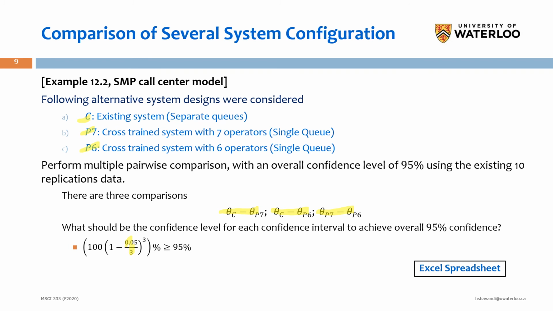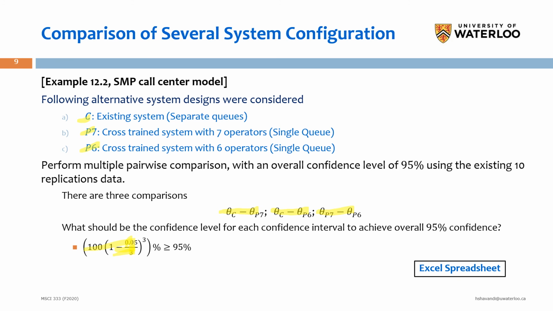And as you see here, since the confidence level for each comparison is this, and since they are somehow independent comparisons, the confidence level at the end will be the first one and the second one and the third one, so we need to multiply the confidence levels.